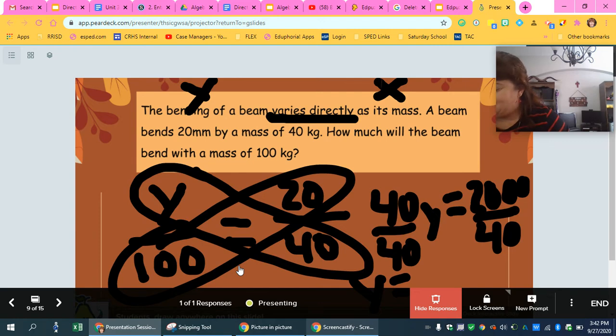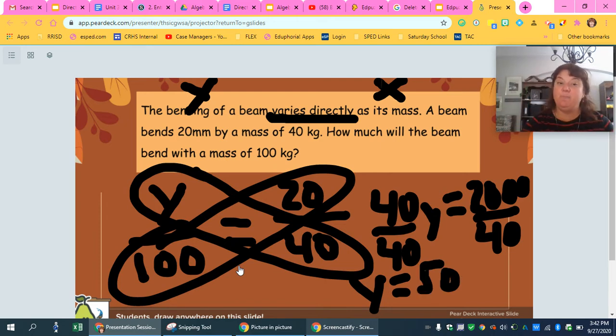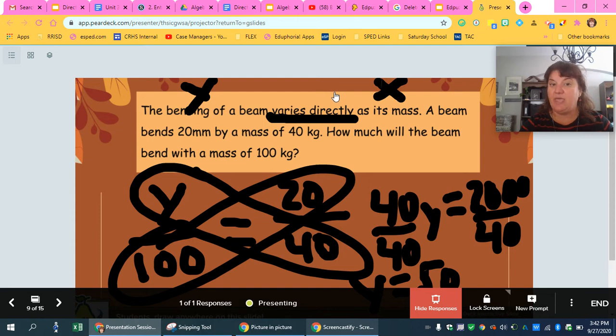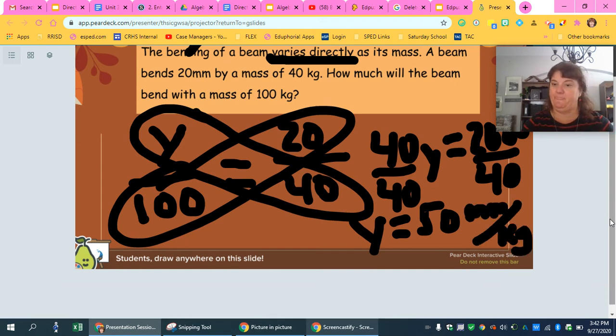I'm going to put it in the calculator so I don't do it wrong. Divided by 40. 50. That's what I was thinking. 50. But then you need to put what goes with it. 50 millimeters because the bending goes up first. So 50 millimeters to kilograms.